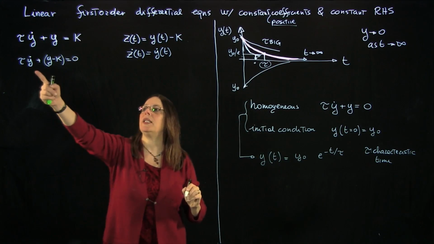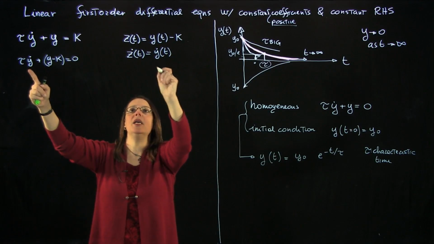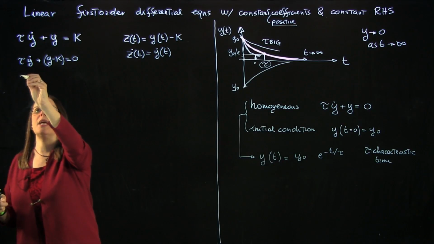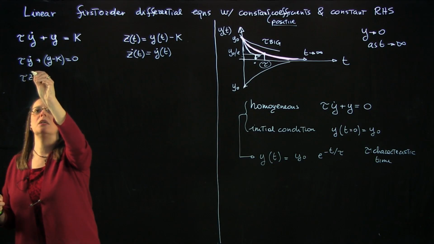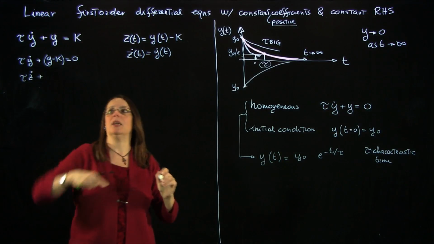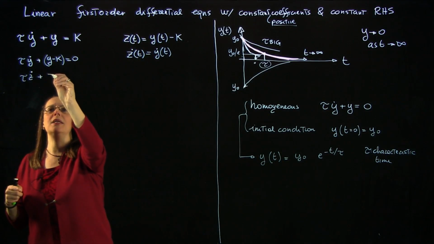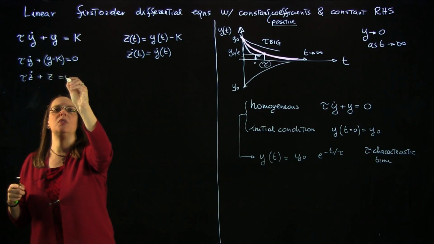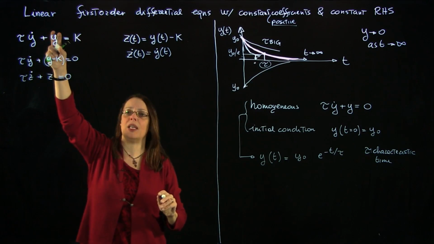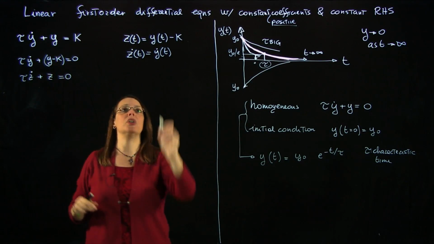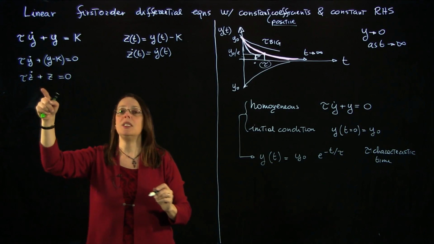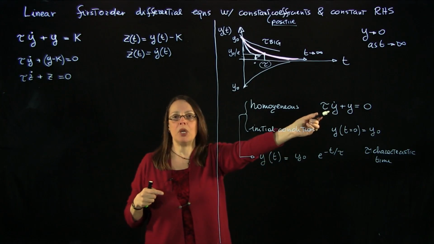And so now if I look at this and I look at that, I say, OK, y dot is the same as z dot, so I can write this as tau z dot plus y minus k, which is z, equal to 0. So tau z dot plus z equals 0. So if the y function, y of t, must satisfy this equation, my z function, which is this function here, must satisfy this equation. And so this now, again, is a homogeneous equation like that.